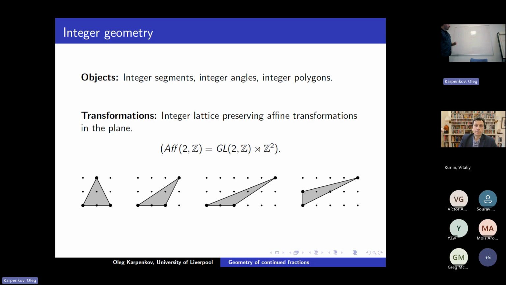Right. So here it's also easy to see. 1, 0 goes to 1, and 0, 1 goes to minus 1, 0. So it should be 2, 1, minus 1, 0.